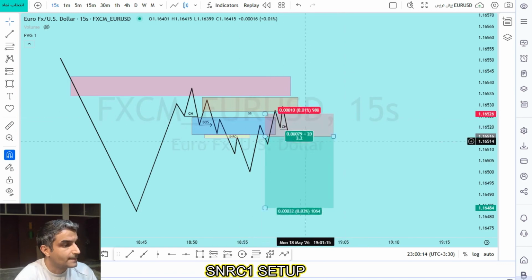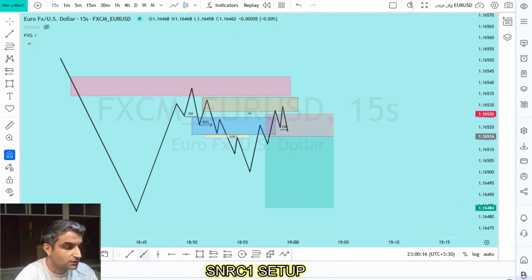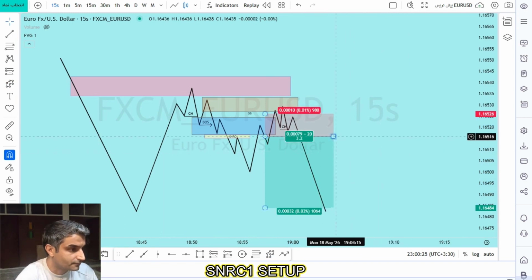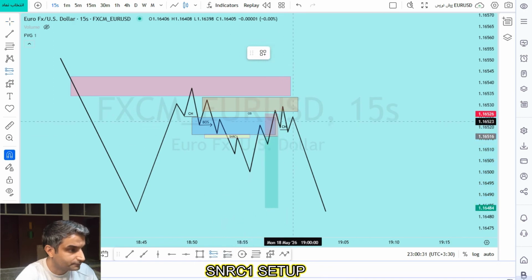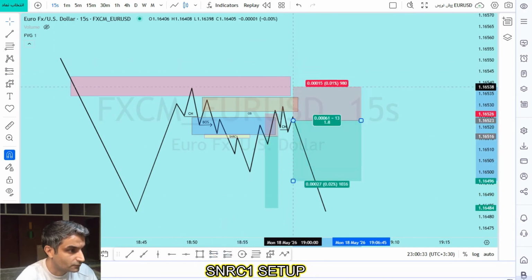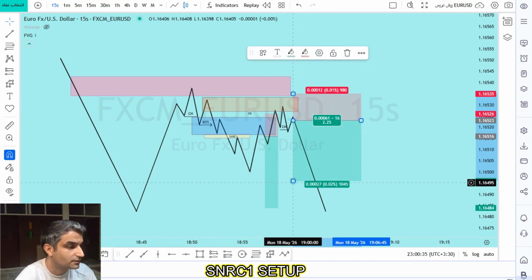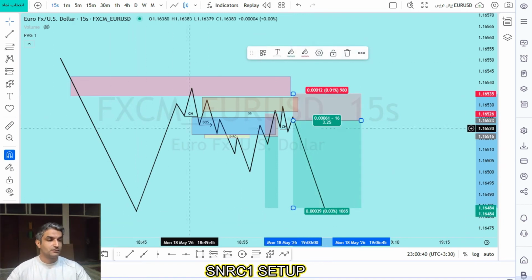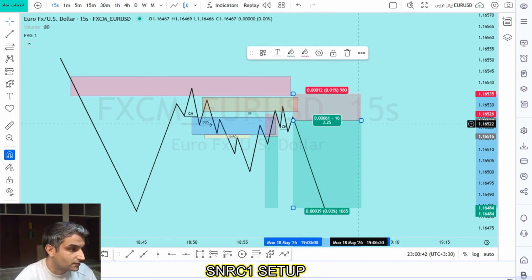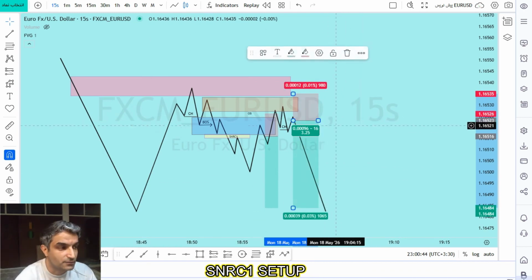Okay, then we can enter again in this area, take a profit till here. Put our stop loss about here and target at the end of this range. It can be our second entry to the market.